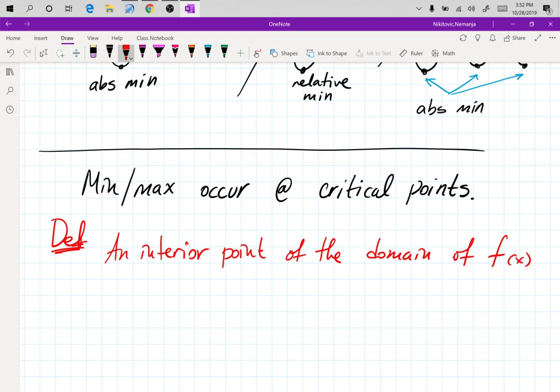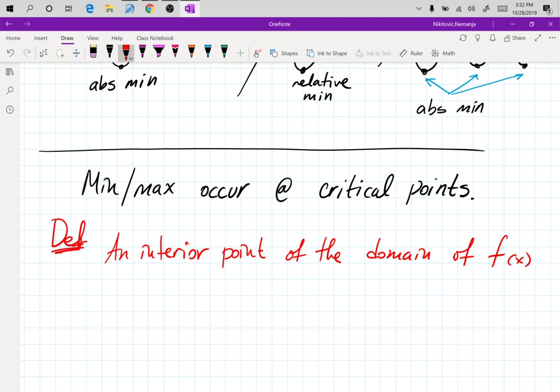So interior point of the domain, that means if you have a domain that goes from negative infinity to positive infinity, or you have a domain that is, I don't know, like 0 to infinity for square root, including 0 for square root and not including 0 for ln.